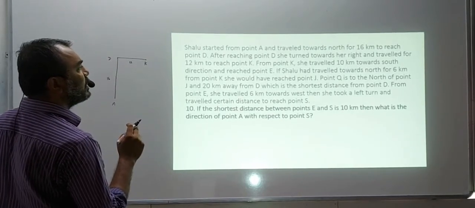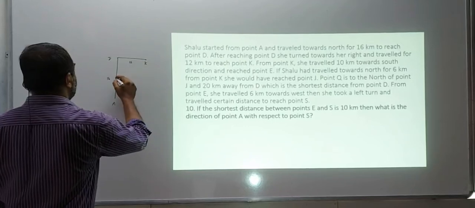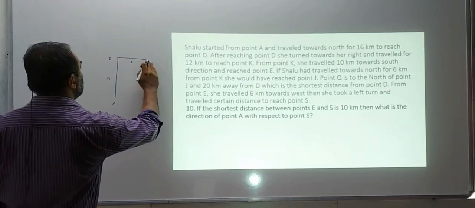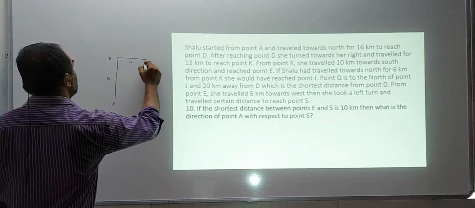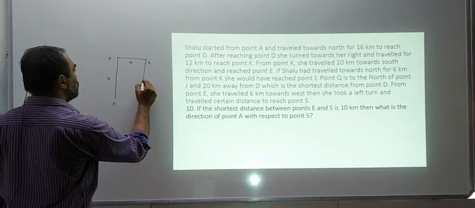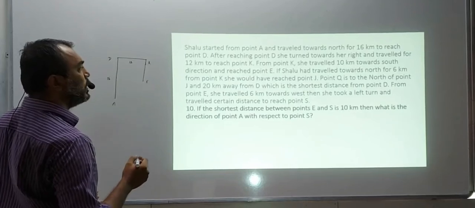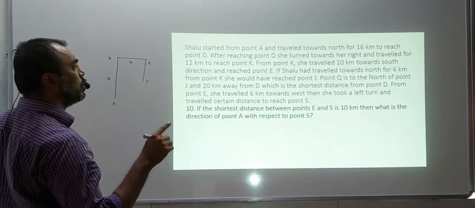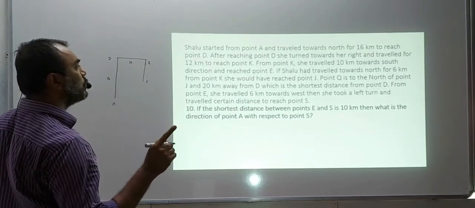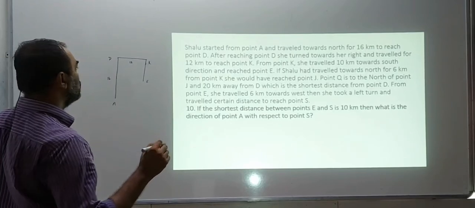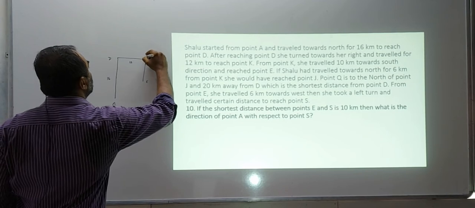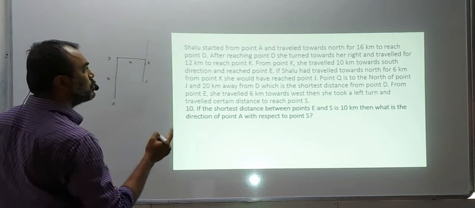From point K, she traveled 10 kilometers towards south direction. So this is 16. So I should go 10 kilometers to the south direction. So from point K, south direction, and reach point E. So this is the point E. Now, there is a condition: if Shalu traveled towards north for 6 kilometers from point K, so where has she traveled?